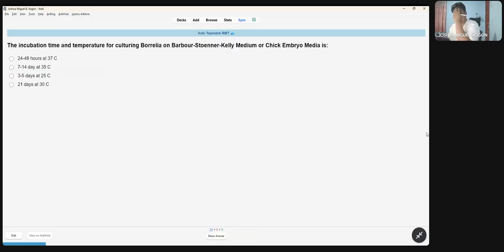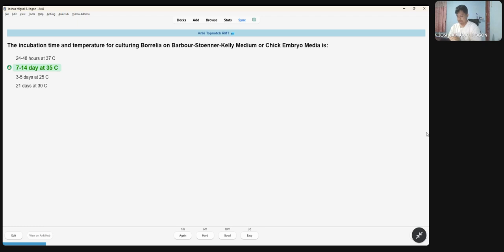Incubation time and temperature for Borrelia: Barbour-Stoenner-Kelly medium, or chick embryo medium. I don't know that. 7 to 14 days, then 35 degrees Celsius. Borrelia and Barbour. Right, Borrelia. Bright field microscopy. Microaerophilic. Relapsing fever.